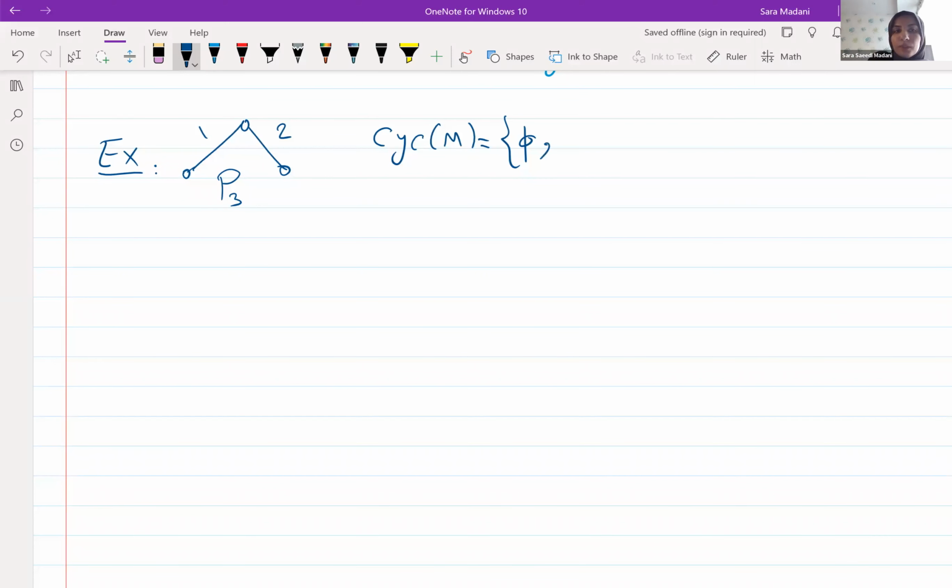Since we saw the example yesterday, I didn't write, but maybe it's better to write that my M here is the co-graphic matroid. And in a co-graphic matroid, again, if you remember, we said that the circuits are just minimal edge cuts. So it means that 1 was one of them, 2 was the other one. And since I'm talking about cycles, I can take the disjoint union.